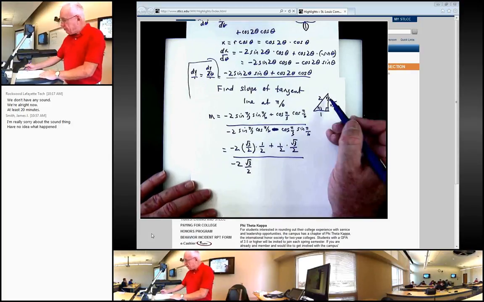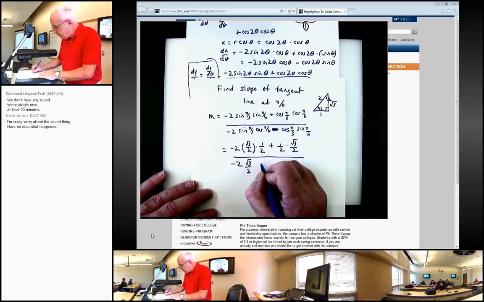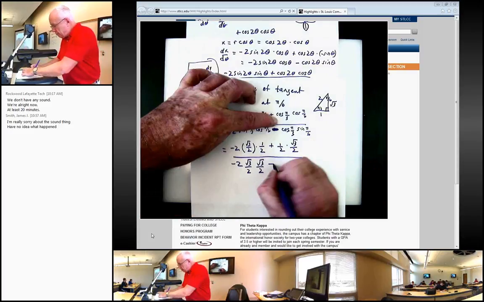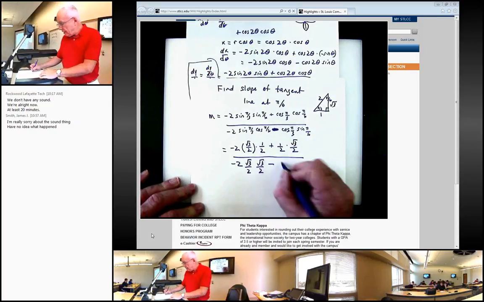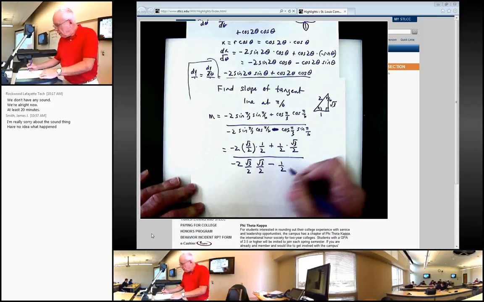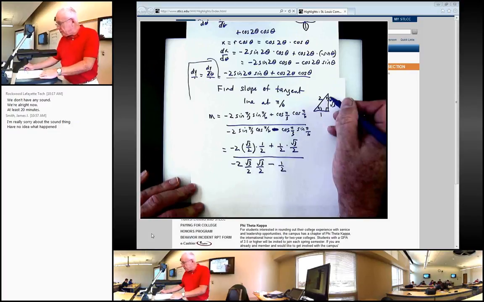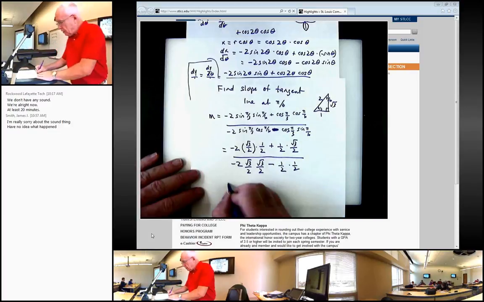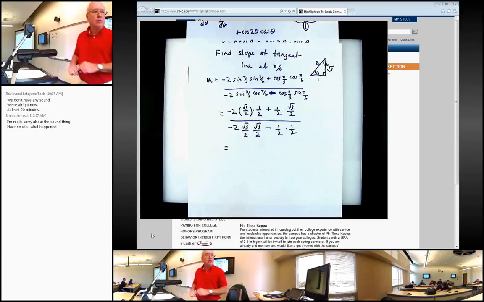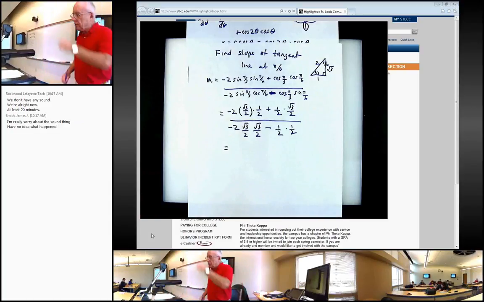Cosine of pi over 6 is square root of 3 over 2. Minus cosine of pi over 3, 1/2. Sine of pi over 6 is also 1/2. All right. Okay, so let's take this mess and try to simplify it as much as we can here.